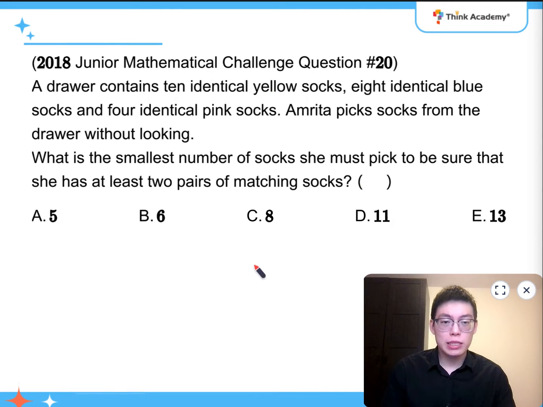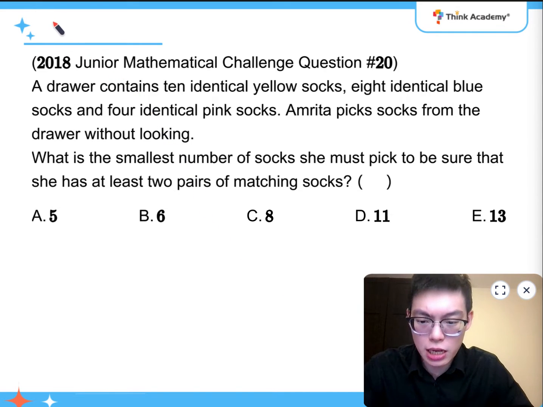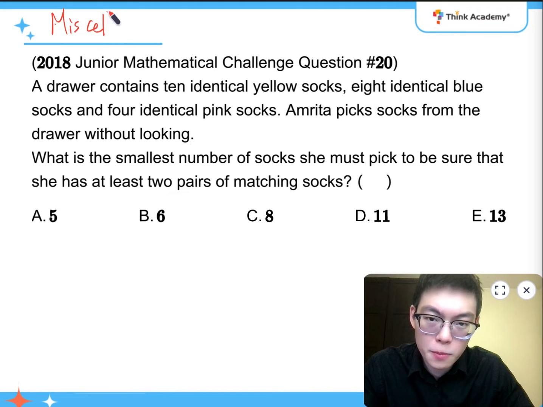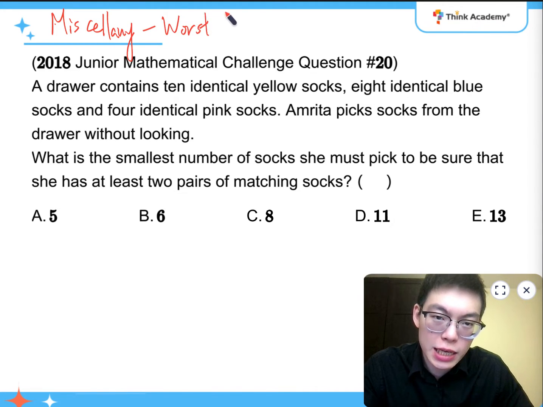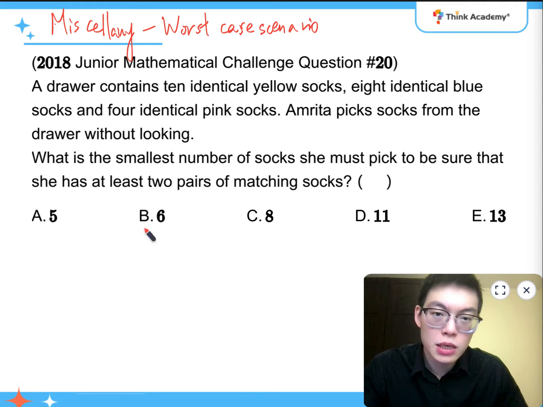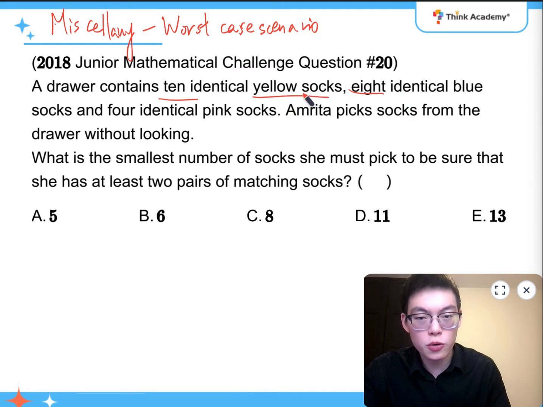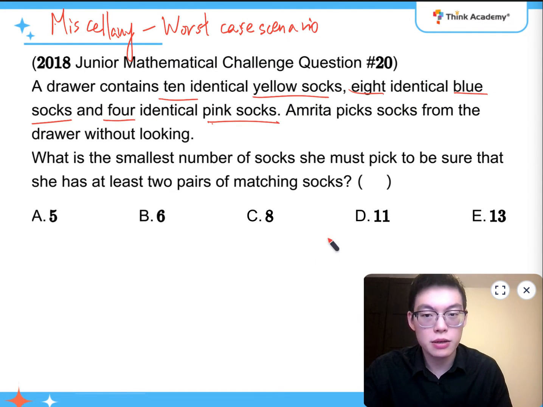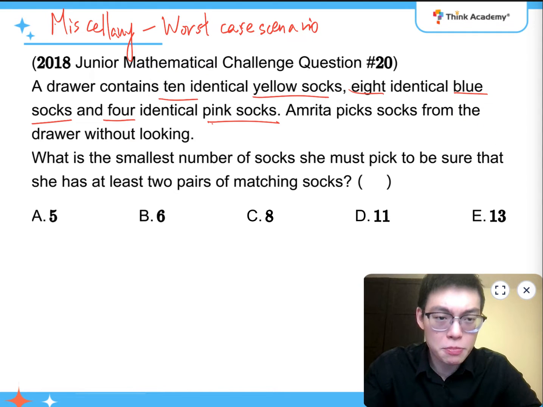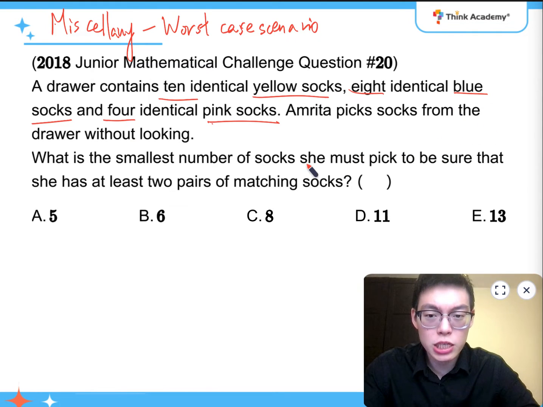And for the 20th question, this is a question about miscellany. And it will be about the worst case scenario. So it says that there are 10 identical yellow socks, 8 identical blue socks, and 4 identical pink socks, where this person is trying to pick some socks from the drawer.